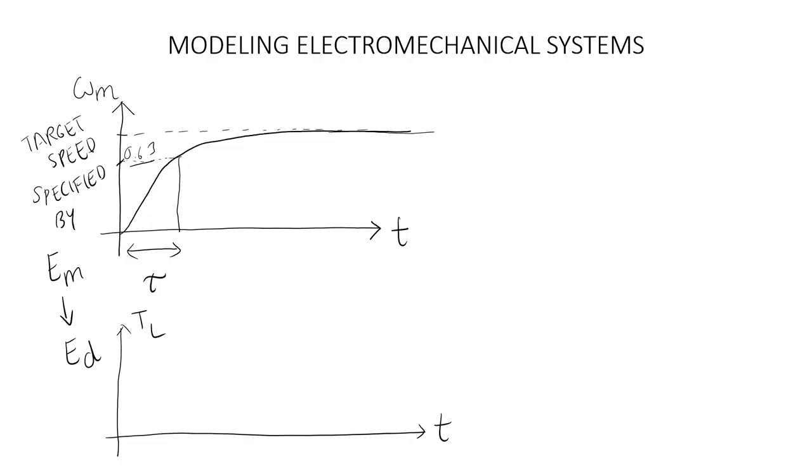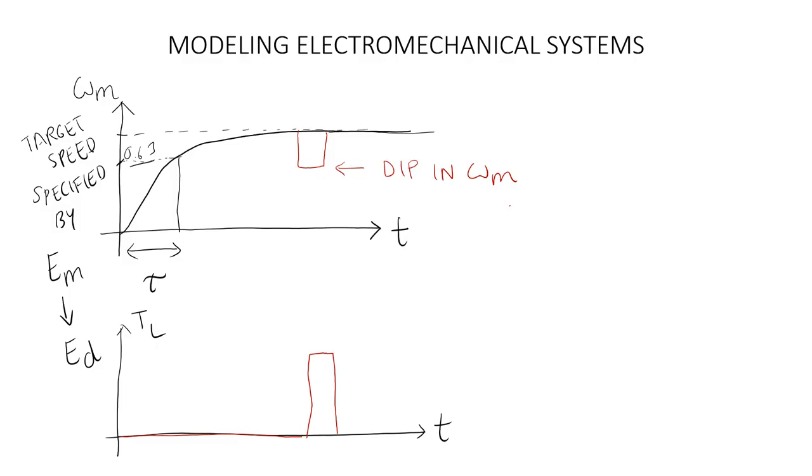So for example, if there is some disturbance torque applied when the motor is running at its target velocity, as a consequence, the motor speed is going to change abruptly for the period when the disturbance torque is non-zero. And this is a significant dip in omega m.